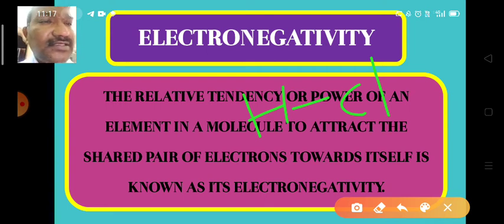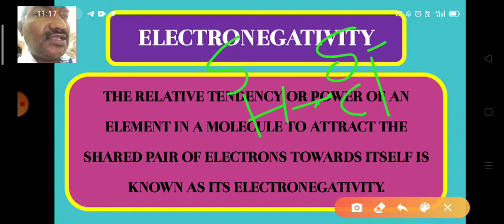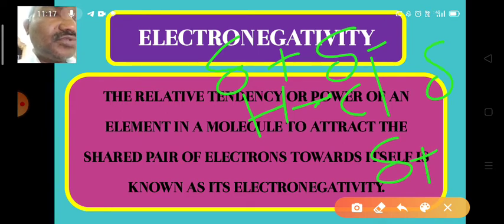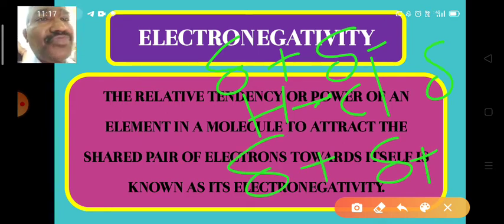As a result, the electron pair does not lie exactly in the middle position. The electron pair slightly moves towards the chlorine. So as a result, the chlorine gets partial negative charge and hydrogen gets partial positive charge. Here, partial is indicated by the small delta. So the electron pair slightly moves towards the chlorine atom.